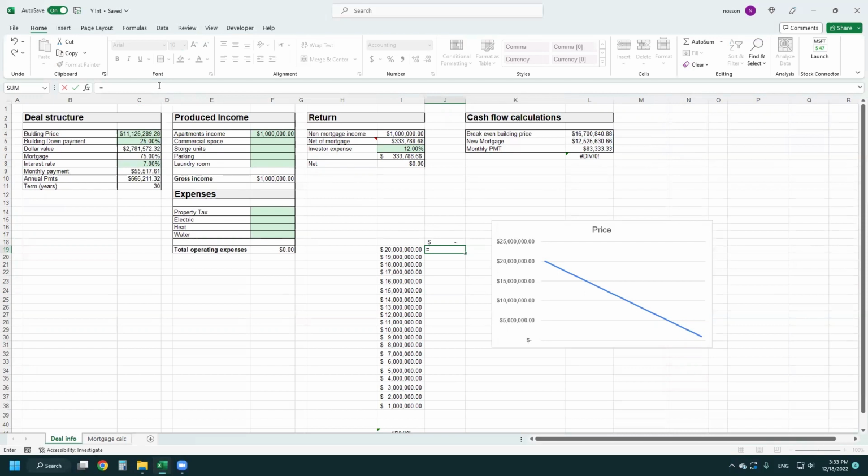So let's do it together. We know that we need the payment formula, and the payment gives us a negative, so we want to negative the negative. We have a rate. We need F4 to keep it on that spot as we drag down, divided by 12 for the months of the year. We want periods, that's our periods times 12 for the 12 months.